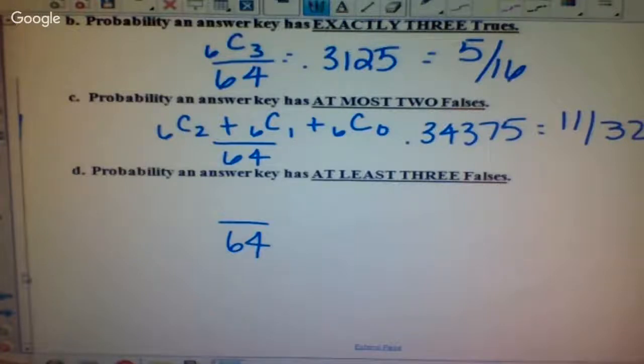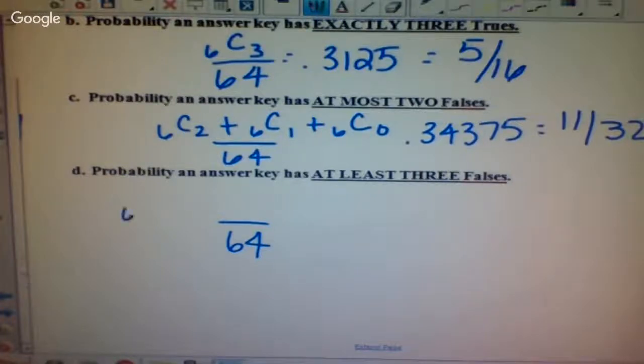Okay. Probability that an answer key has at least 3 falses. So what does at least 3 mean? 3 or more. So that means 3, 4, 5, or 6.